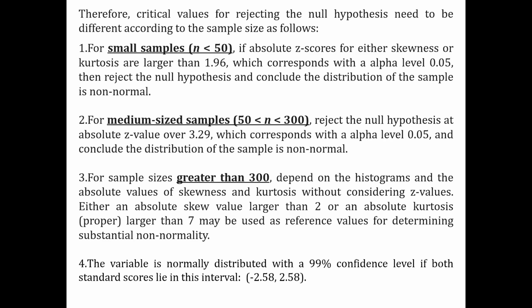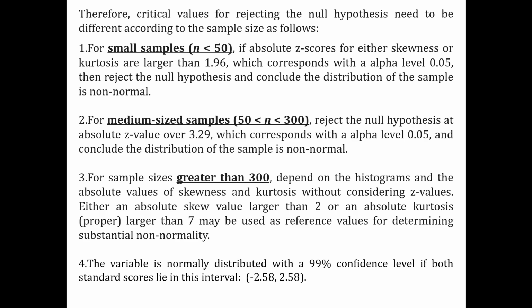Therefore, the critical values for rejecting the null hypothesis need to be different according to the sample size, because a different sample size will show a different level of Z score. For a small sample, consider for example n less than 50, if the absolute Z score for either skewness or kurtosis is larger than 1.96, which corresponds with the alpha level of 0.05, then we reject the null hypothesis and conclude the distribution of the sample is non-normal.